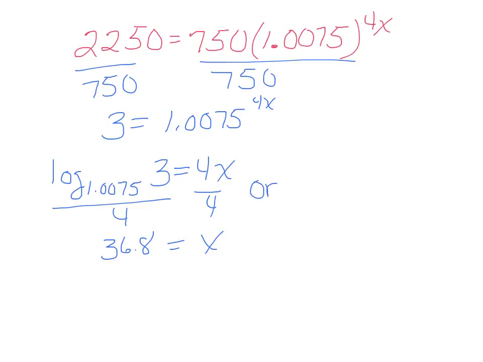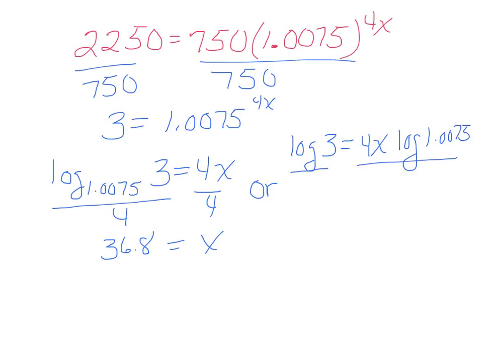Or here's another way I could have solved it. If I didn't realize that I could change it to a log, I could have given it a common log and said log of 3, and again, giving it a common log would be log base 10, so I could use the calculator, equals, in the world of logs, exponents come to the front, 4x times log of 1.0075.